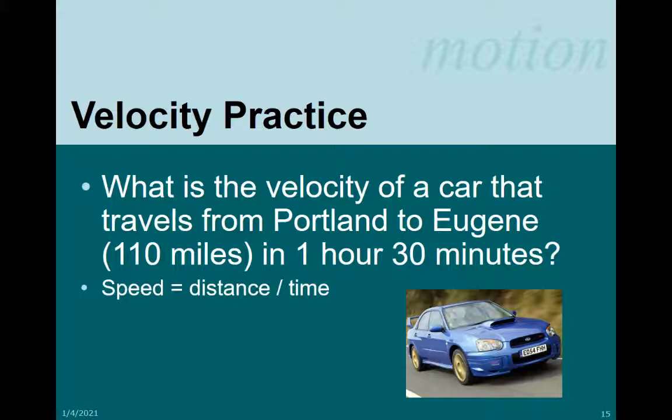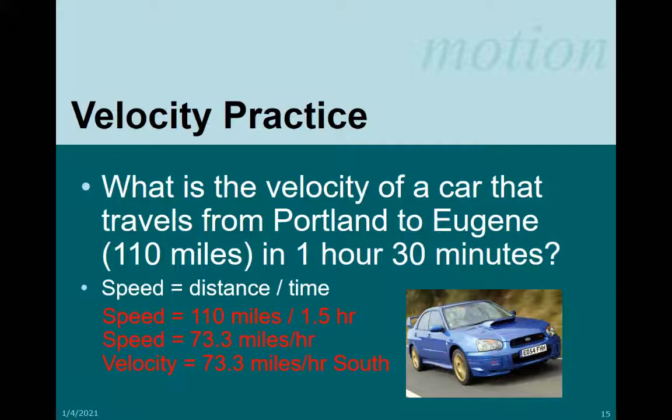Okay, so hopefully you figured it out. Let's start by simply doing the math to solve for speed, and then we can go ahead and deal with the direction portion. When we do speed, remember it's distance divided by time. We have a distance of 110 miles, and we have a time of 1 hour and 30 minutes, which is 1.5 hours. So we end up seeing 1.5 hours divided into 110 miles, or 73.3 miles per hour.